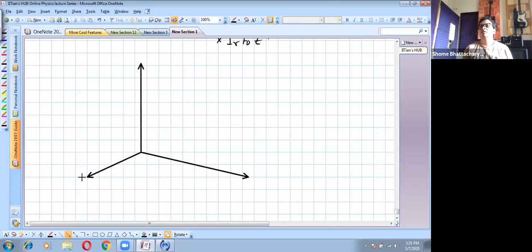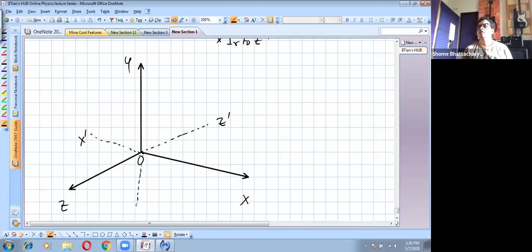This is your Z axis. So you also have the negative Z axis, Z prime is on that side. You also have the negative X axis, X prime is on this side. And you also have the negative Y axis, so Y prime is on this side.